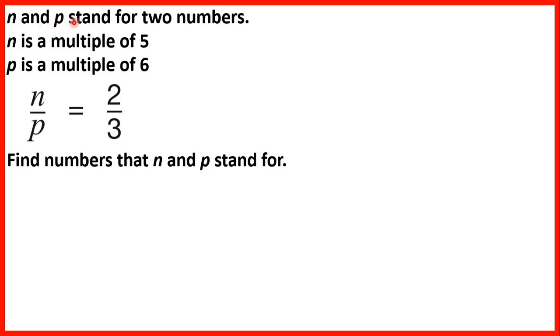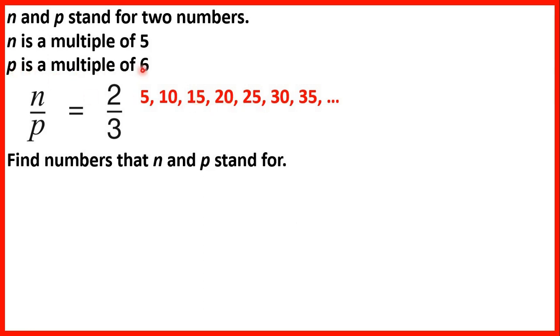N and P stand for 2 numbers. N is a multiple of 5, P is a multiple of 6, and N over P is equivalent to 2/3. Find numbers that N and P stand for. So we know that N is a multiple of 5, and a multiple of 5 is a number in the 5 times table, so 5, 10, 15, and so on.